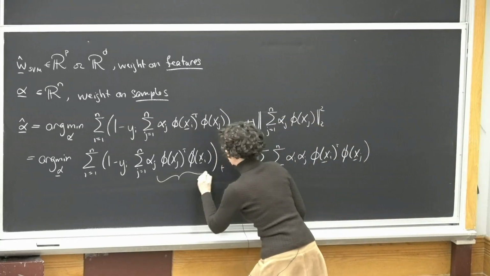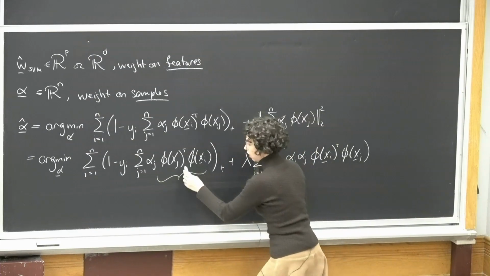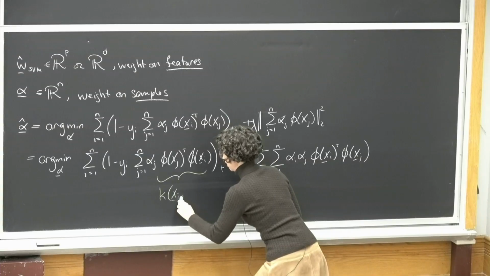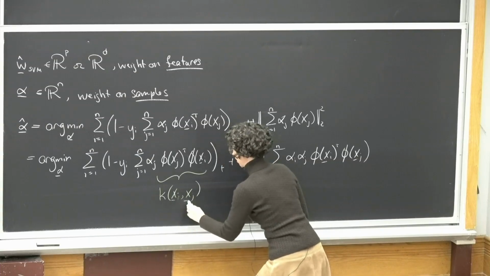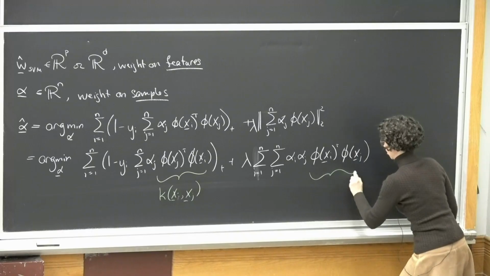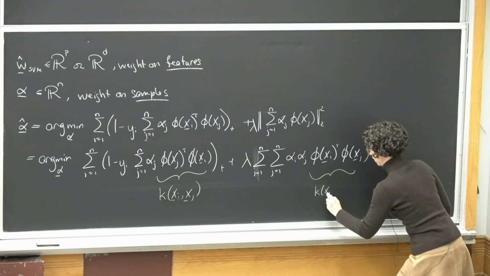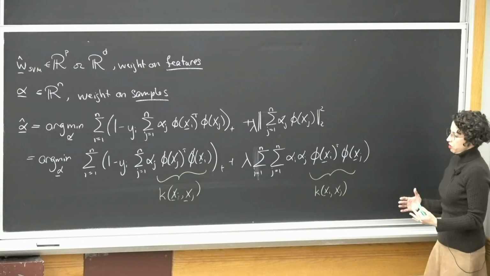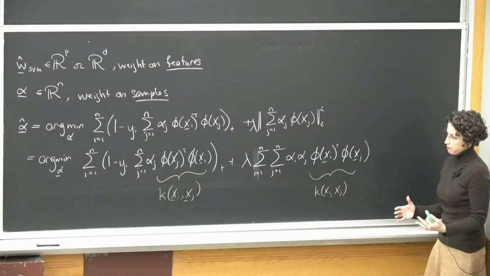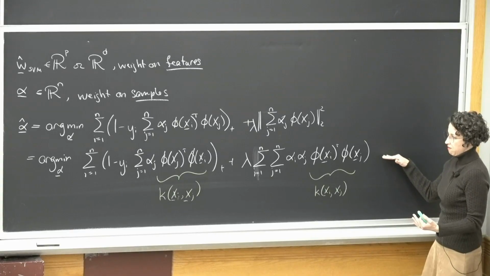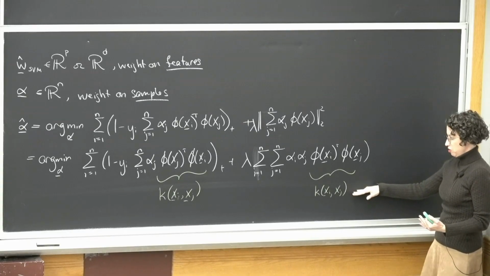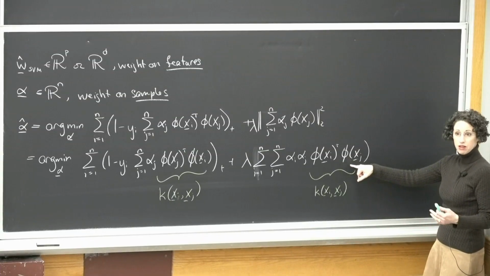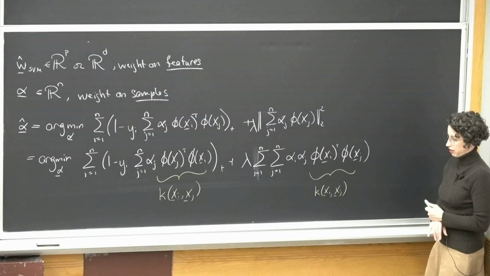So just like we did with kernel ridge regression, we can say this inner product here is the kernel between x_i and x_j. And here we've got the kernel function between x_i and x_j. And so we do, just like we could with kernel ridge regression, approach finding the alphas using only the kernels, or the underlying kernel matrix, instead of ever explicitly computing phi of any feature vector x.